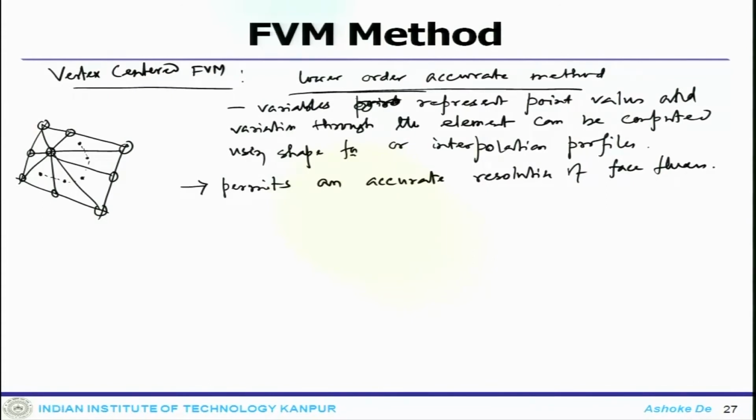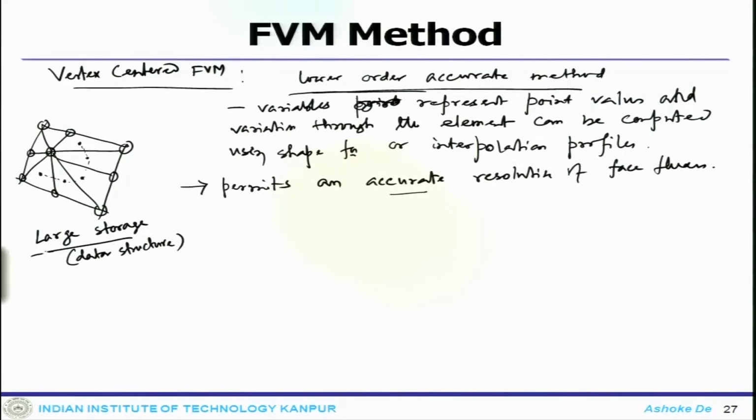Since the values are stored at the vertex center, that permits you to get an accurate resolution of the phase fluxes. But that is not the only advantage; apart from that there are a lot of other shortcomings, like if you think about programming, the storage requirement is quite large, that means your data structure. So, you have to think about your programming point of view also, your data structure is quite large.